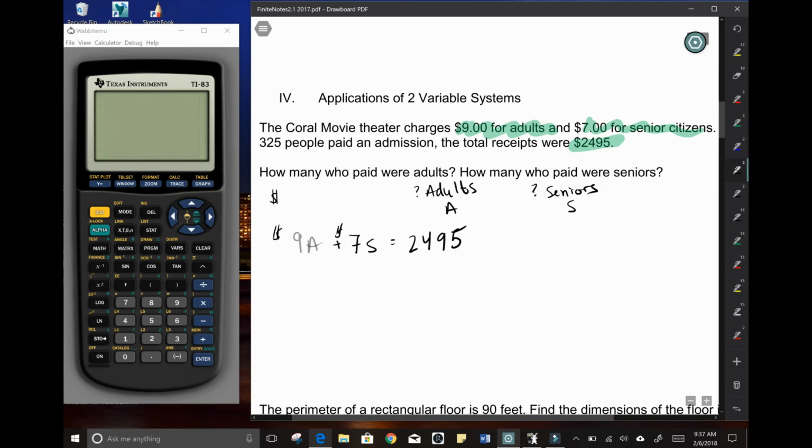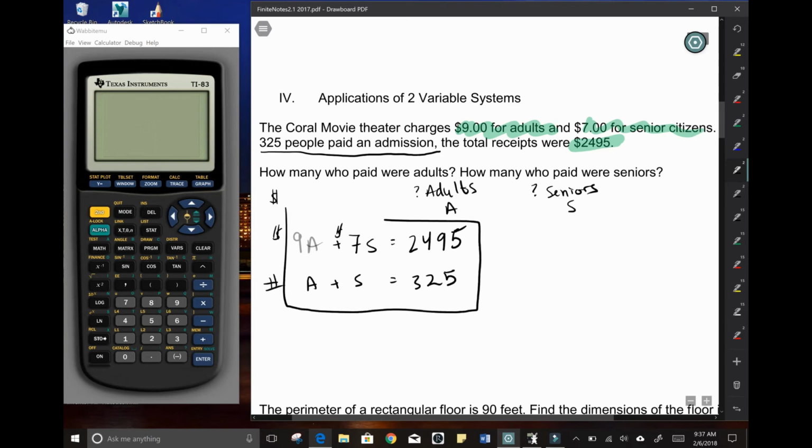Okay, the second equation, we know that 325 people paid admission. Now what it means is that the number of adults plus the number of seniors is going to be 325. Okay, those are your two equations. Those are them right there.